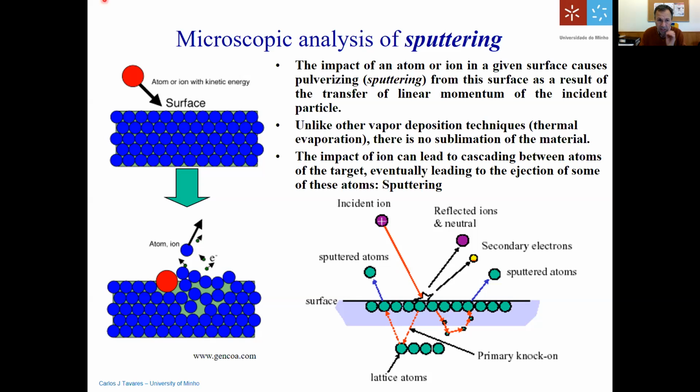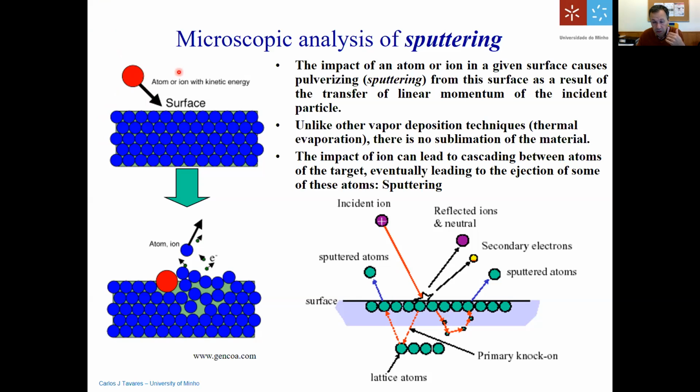So let's look at the initial part of the sputtering. Let's take into account that our working gas is argon, okay? It's the gas that will be ionized and will generate the plasma. So if we take argon as a working gas, we have to have the electric field between the cathode and the anode, which will ionize the argon and create argon plus ions and electrons.